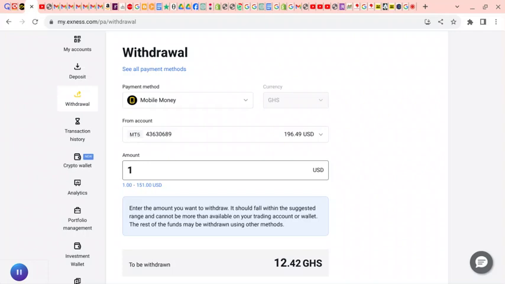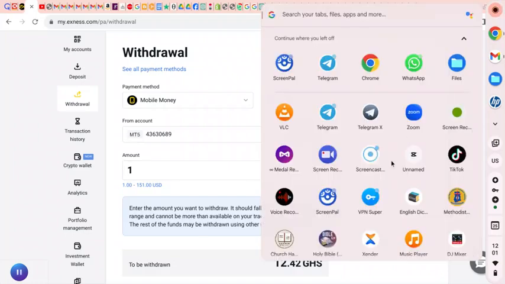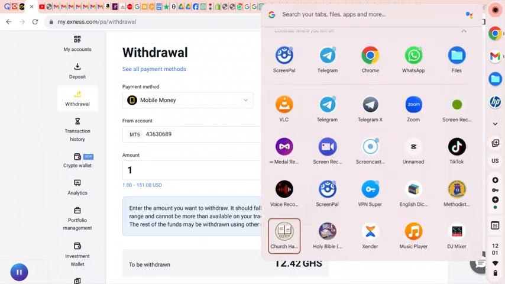You see that thing? Because getting 245 cedis every day, times, let's say, 30 days, that's within a month.